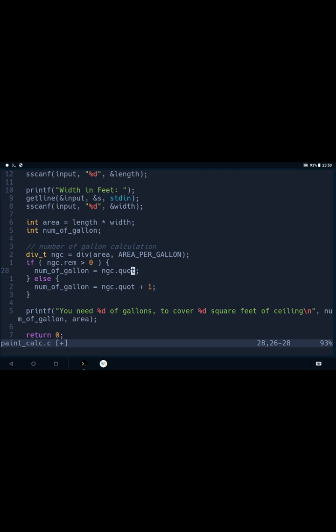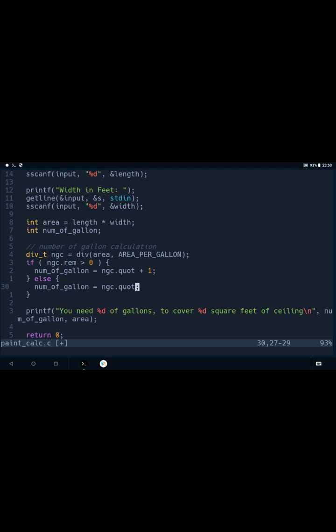If the remainder is greater than 0, the number of gallons should be equal to the quotient plus 1. If the remainder is greater than 0, we increment the quotient by 1, which means move to the next whole number, not the nearest, sorry.